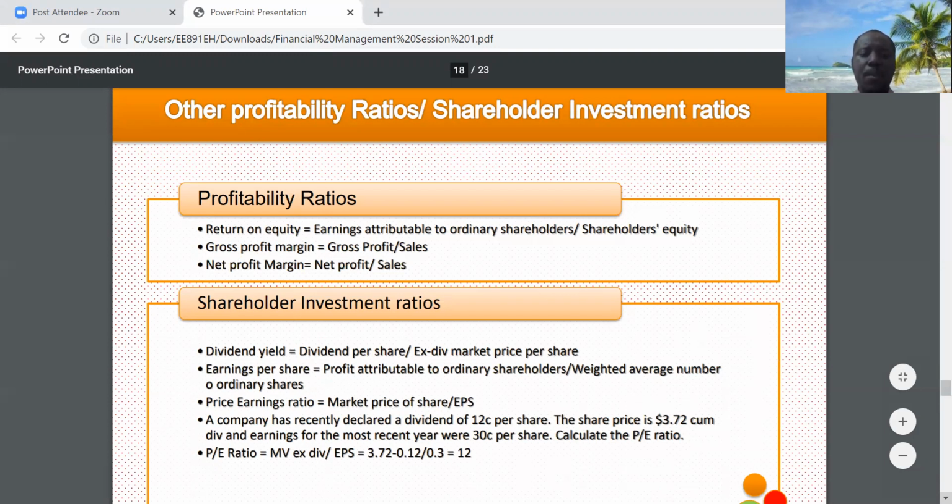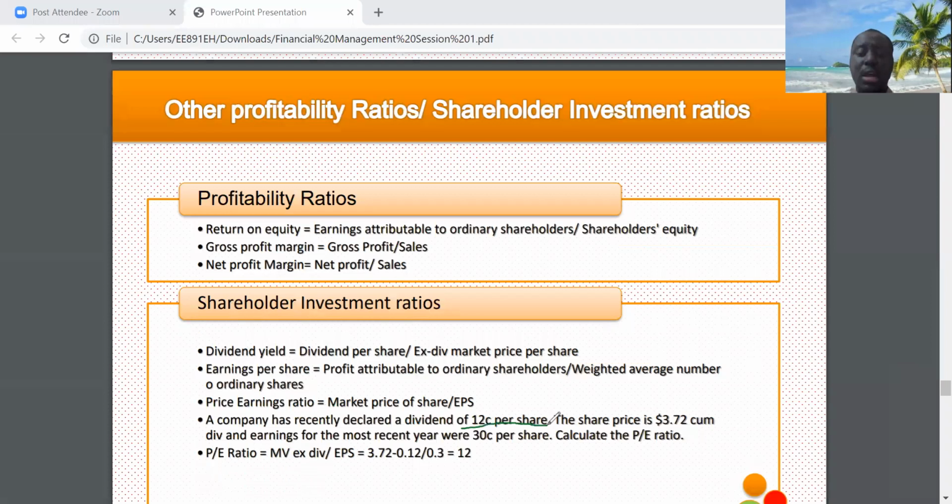The question says the company has declared a dividend of 12 cents per share. You can see it right here, so you need to take out that 12 cents per share. You get 3.6. Then you divide that by your earnings per share, which is 30 cents. So you should get 12. Your PE ratio is 12.